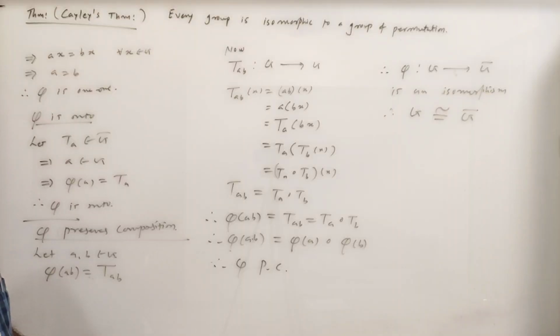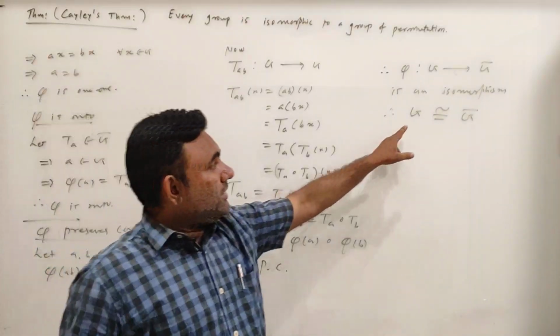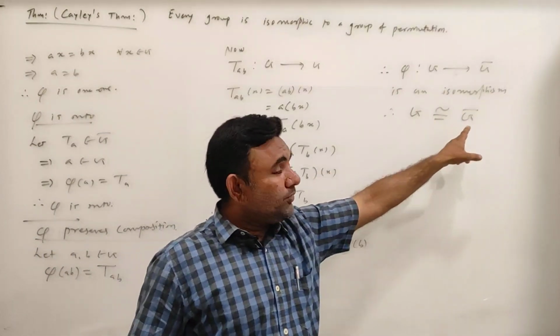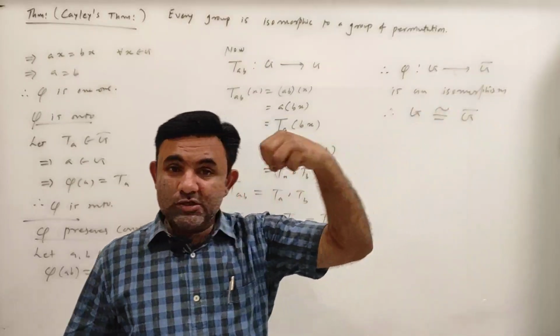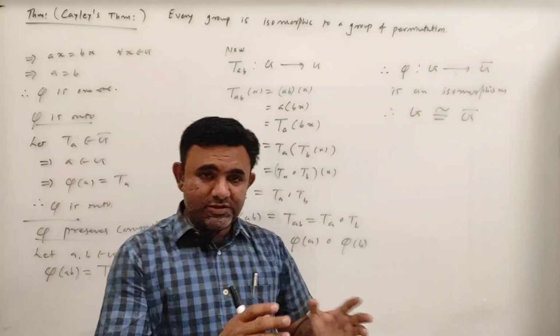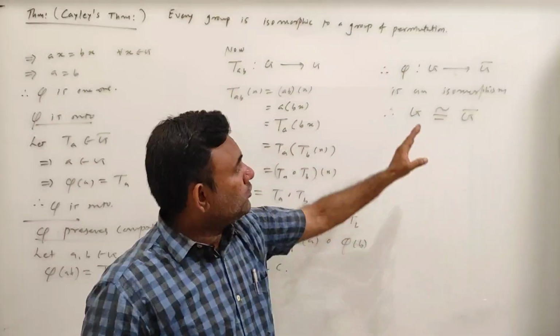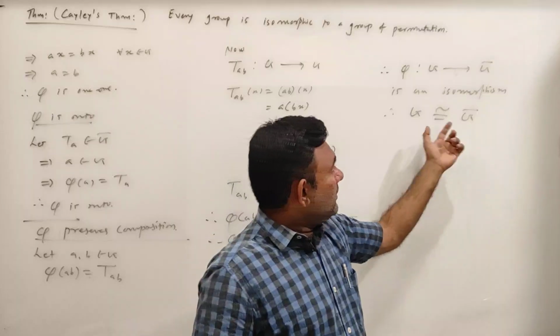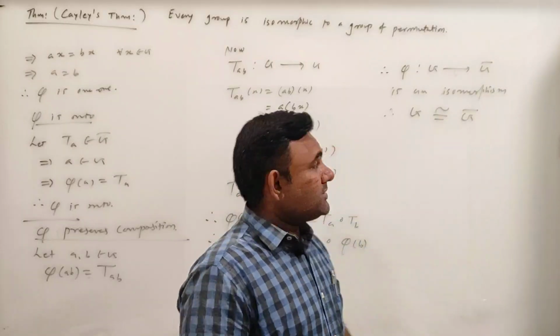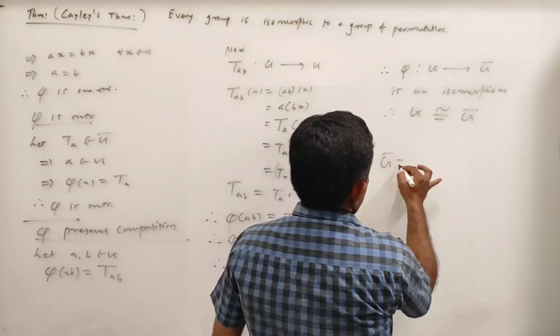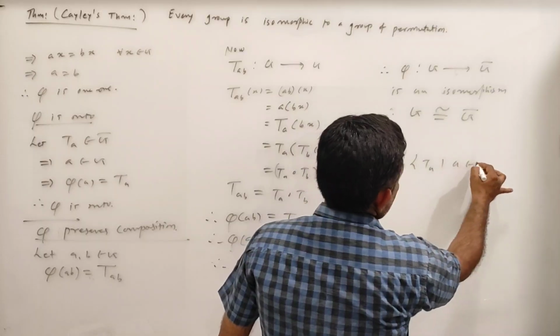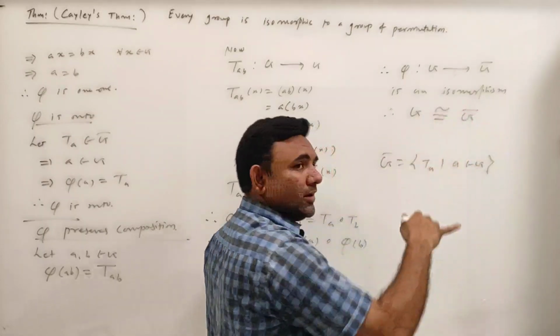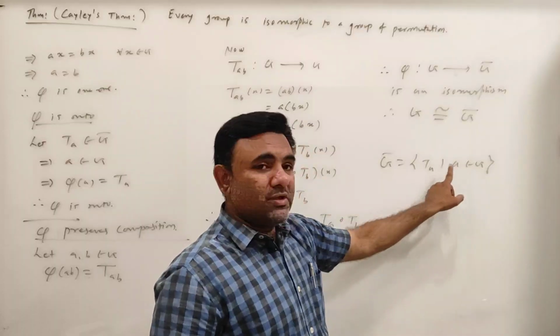So what did this prove? G is any group and it is isomorphic to G bar, and G bar is what? It is a group of permutations. We constructed that: G was given, according to it we determined G bar. How was G bar constructed? G bar is what? It is the set of T_A where A belongs to G. For every element of G you consider T_A.